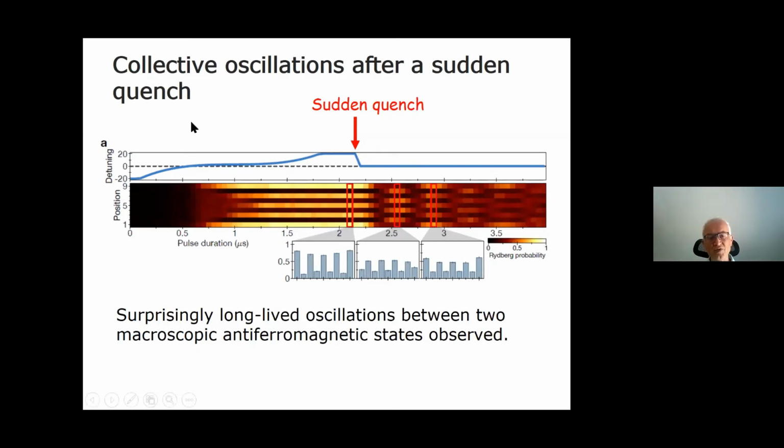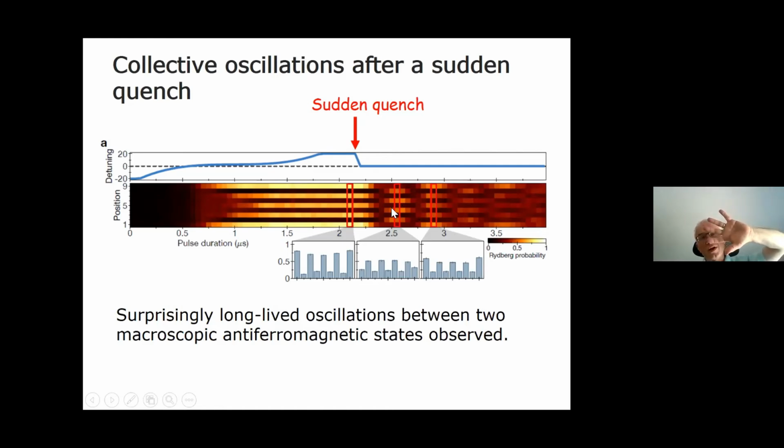We expected thermalization because after the sudden quench, we can populate many, many states. For instance, for 9 atoms, we have 2 to the 9 states. So we expected some thermalization, but instead what we discovered was an oscillating pattern between 2 macroscopic antiferromagnetic states. We saw an oscillation after the quench between the situation where the edge atoms were excited and the atoms next to them were in the ground state, to the opposite pattern where now the edge atoms were in the ground state and the next atoms were excited, and then back.